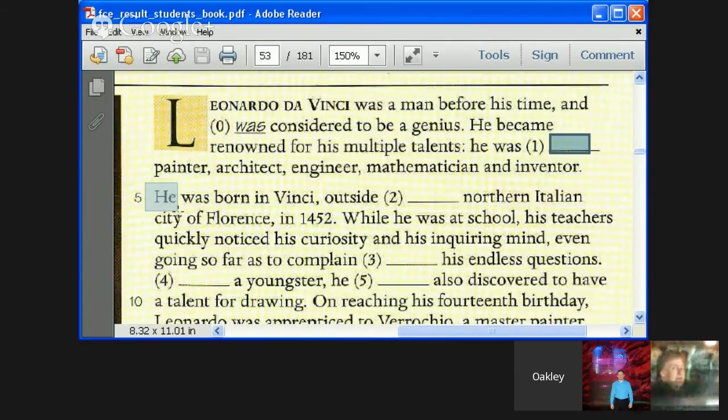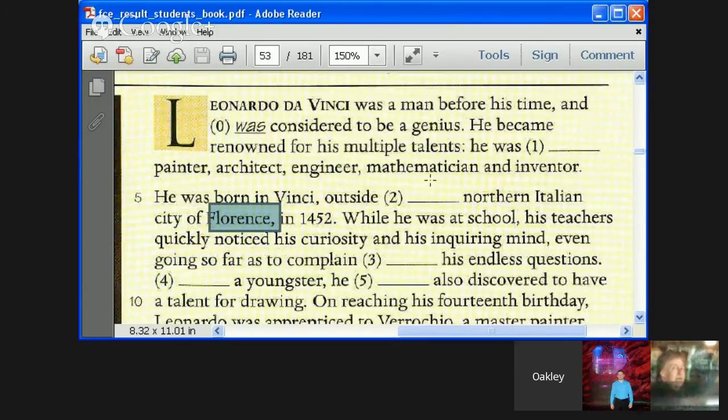Ken, take over. He was born in Vinci, outside the northern Italian city of Florence, in 1452. That's easy. This one's too easy. There's only one city of Florence.